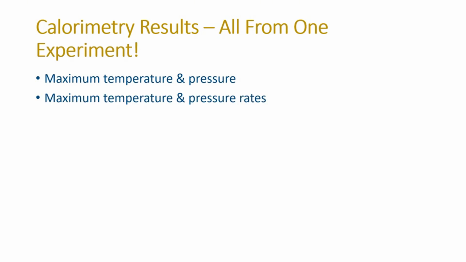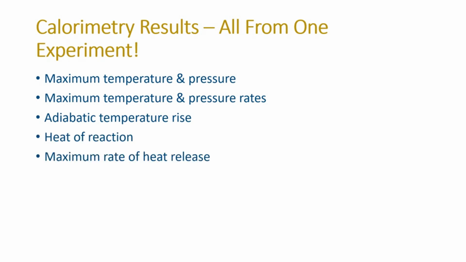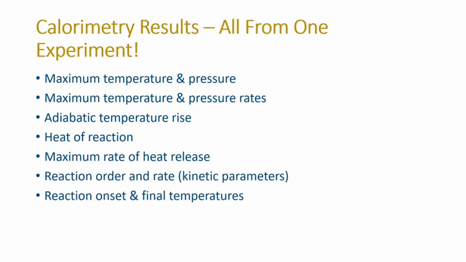So in conclusion, there are a number of results we get from calorimetry studies, all from a single experiment. Just to outline them really quick, they are the max temperature and pressure, the maximum temperature and pressure rates, the adiabatic temperature rise, the heat of reaction, the maximum rate of heat release, the reaction order and rate, the reaction onset and final temperatures, and the time to the maximum rate.